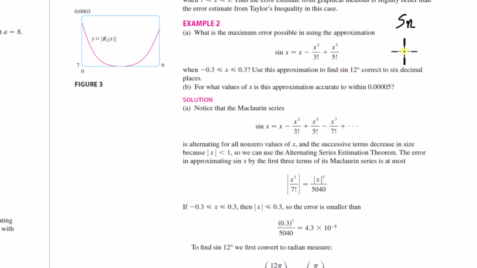That's a good way to look at it, but it's confusing when it comes to Taylor polynomials, because you would be tempted to say this is T sub 3, summing the first 3 terms of the Maclaurin series of sine x.